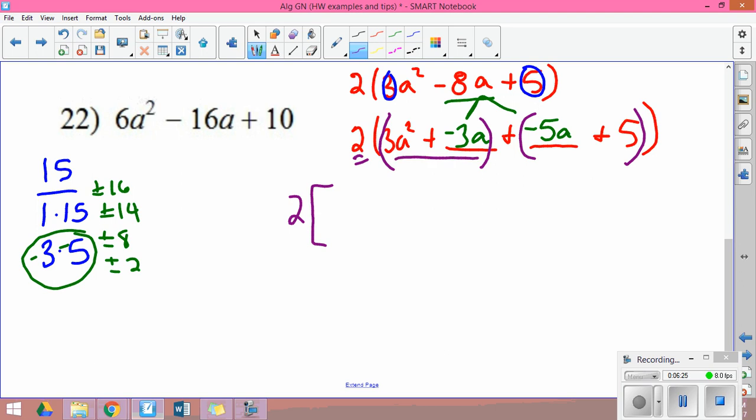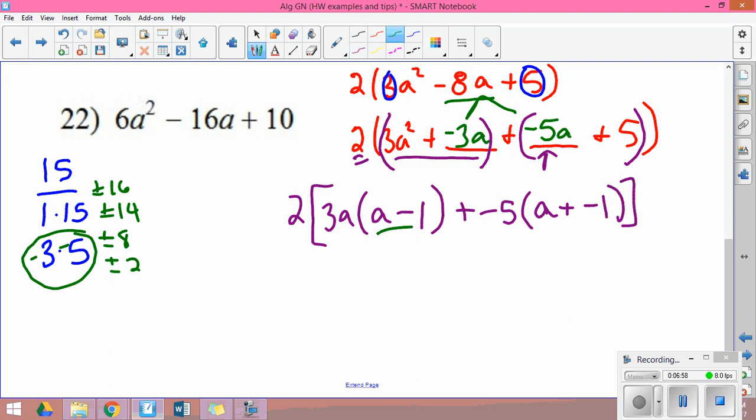So greatest common factor here is 3a, and that's going to leave a minus 3a divided by 3a is 1. So you will always get two terms. You'll always get binomials in the back. Plus, greatest common factor here is a 5. Remember, if that's negative, you want to take out a negative 5. Negative 5a divided by negative 5 is a. 5 divided by negative 5 is negative 1.